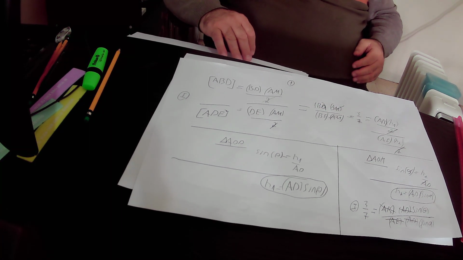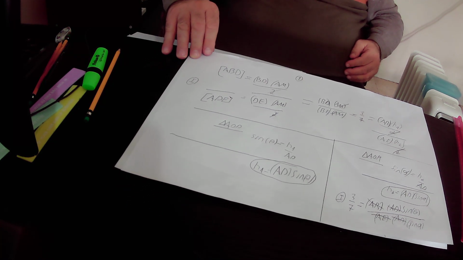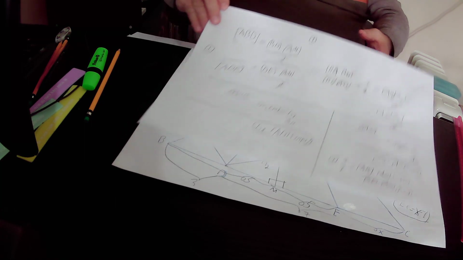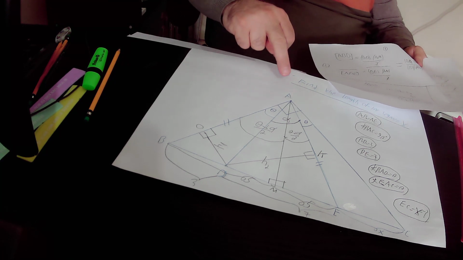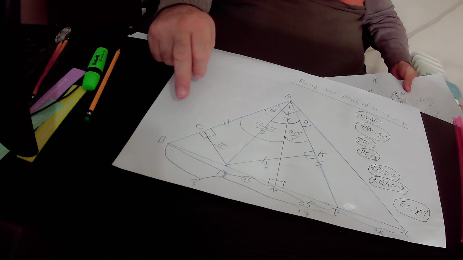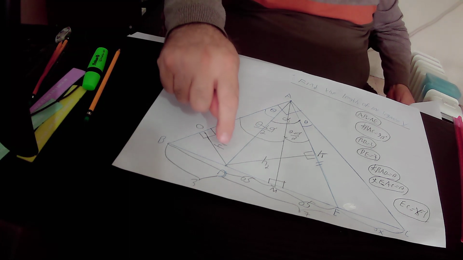Then we calculate the areas of triangle ABD and triangle ADE in a different way. Actually, we can say that the area of triangle ABD equals the base, that is AB, times the height to the base, that is actually DO.